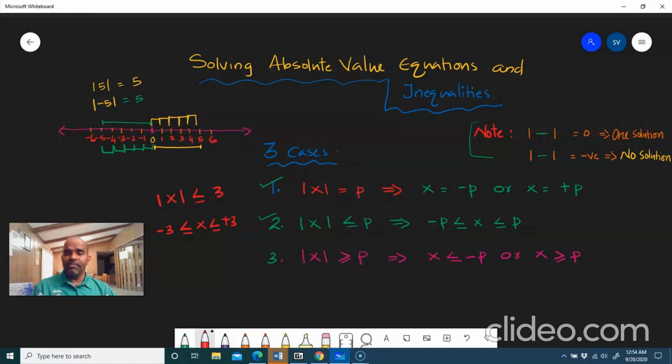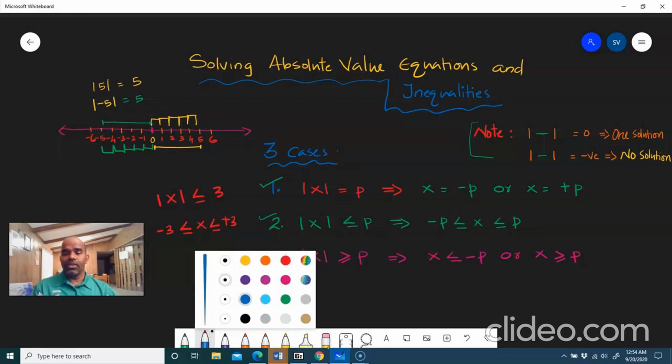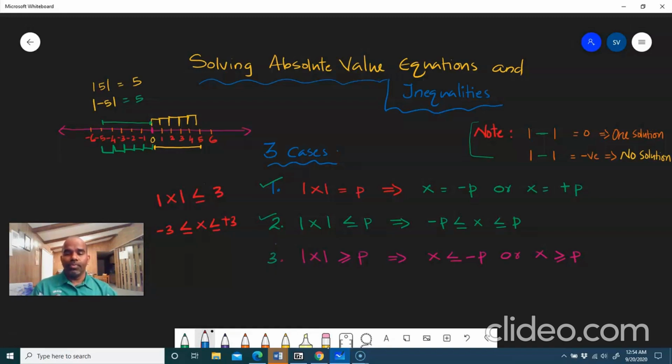And if it is the greater than or equal to case, it will be like this. Absolute value of x is greater than or equal to p. That is exactly the same as the equation. In the equation, absolute value of x is equal to p, we eliminate the absolute value sign: x is equal to negative p or x is equal to positive p. Exactly the same.